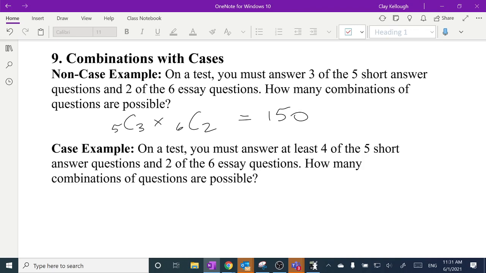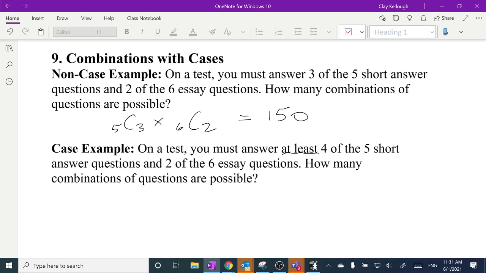Look at the difference between the first one and the second one. This one involves cases. On a test, you must answer at least 4 of the 5 short answer questions and 2 of the 6 essay questions. And do you notice the key words here that tell you that I have to deal with cases? It's at least.